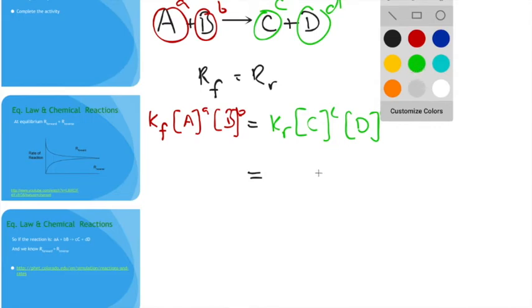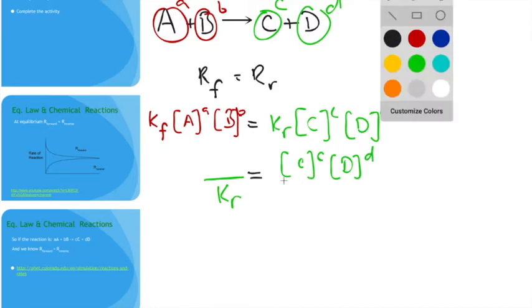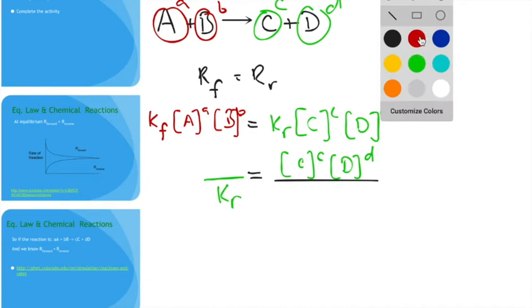Our KQ value is going to put k reverse on one side, leaving the concentration of C's and D's over the concentration of our reactants.